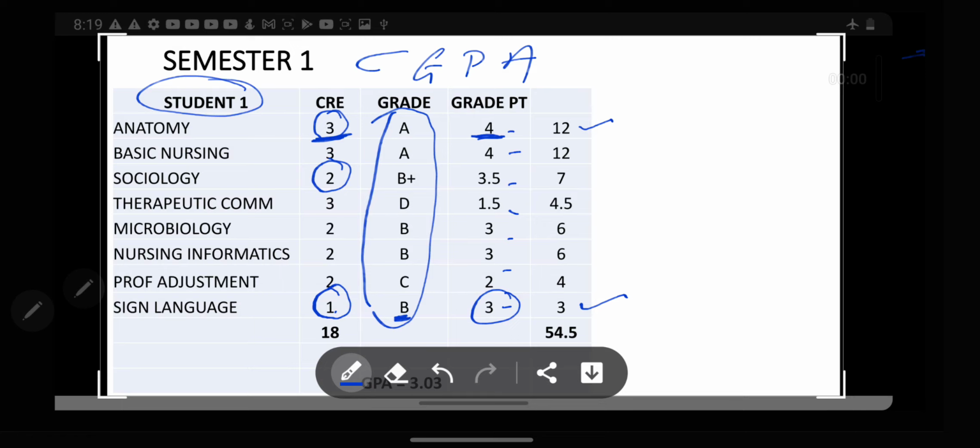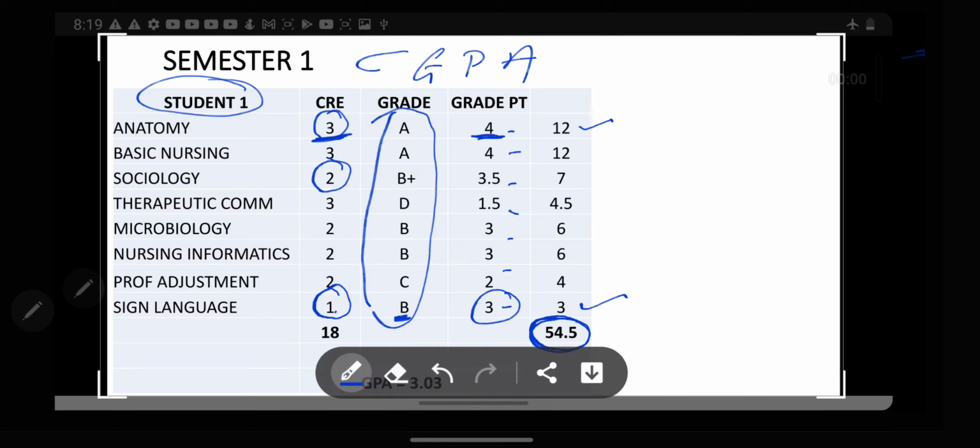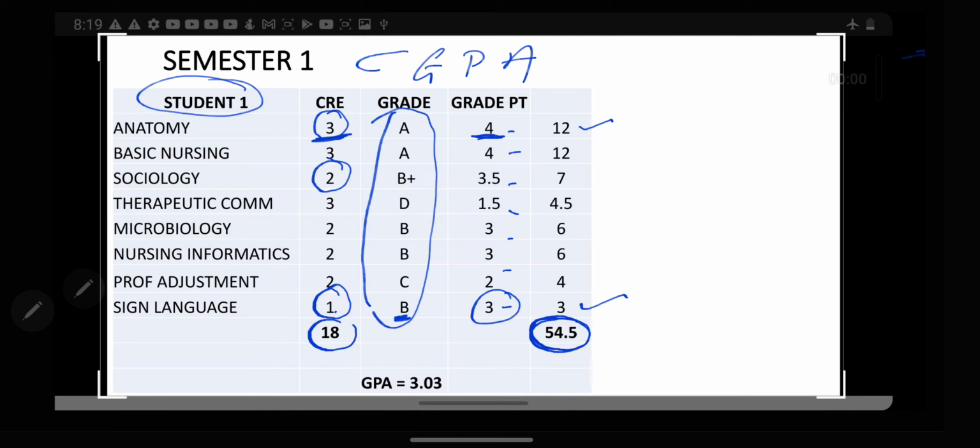At the end of the semester, whichever system your school is using will find the total of all the scores for the courses. In this case, the student got a total of 54.5. Then you find the total credit you did for that semester, which was 18.